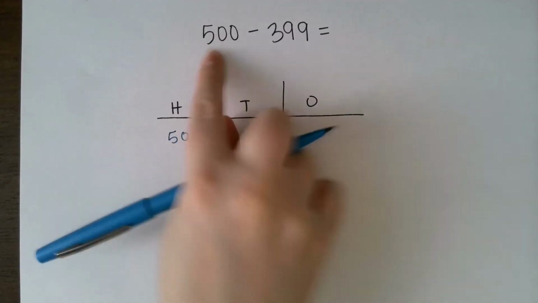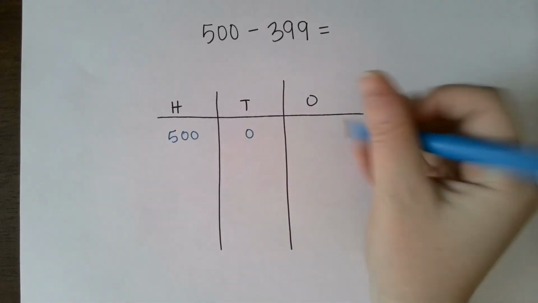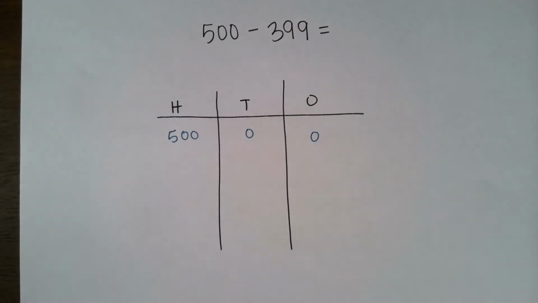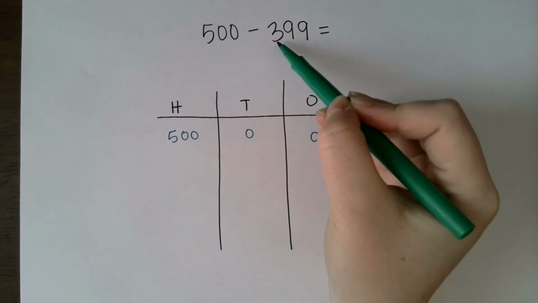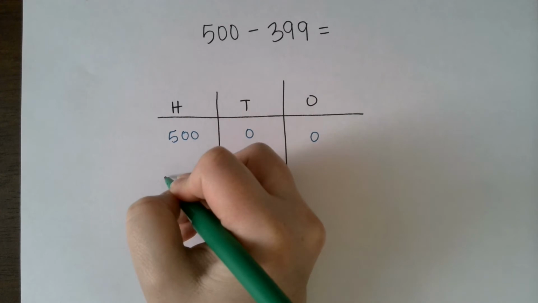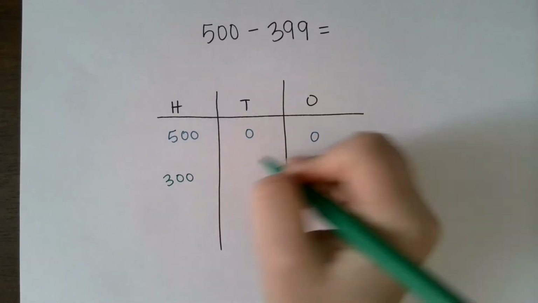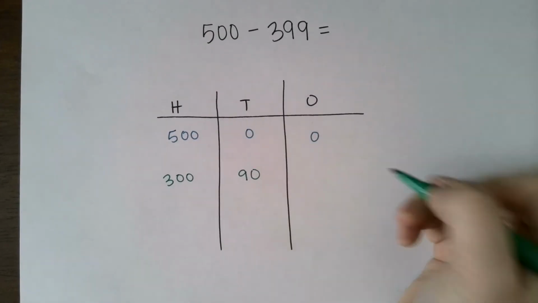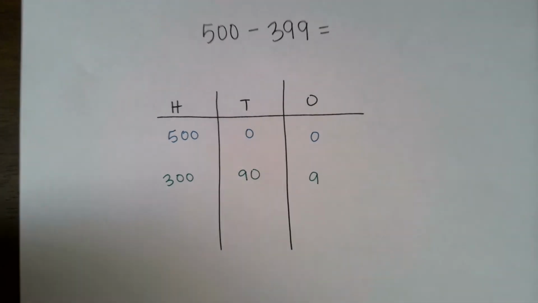I have 500s, 0 10s, and 0 1s. Here I'm going to be taking away 300s, 9 10s, and 9 1s.